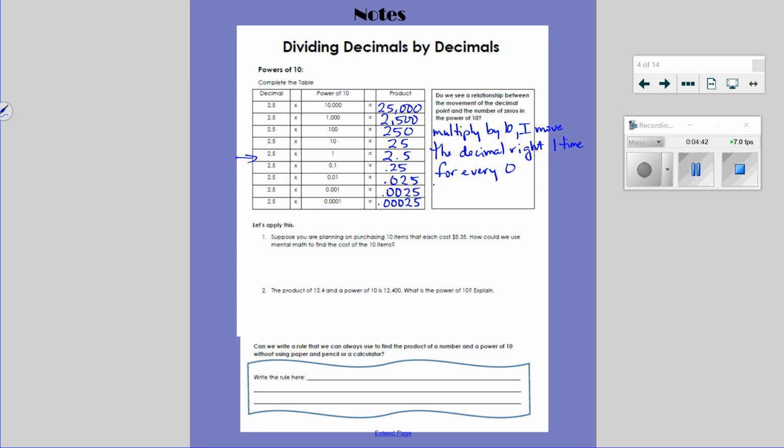So multiplying by decimals of a power of 10 moves left by 1 place for every decimal place.